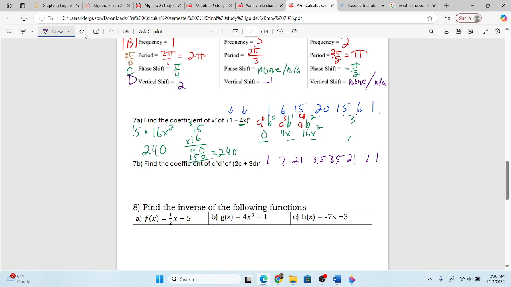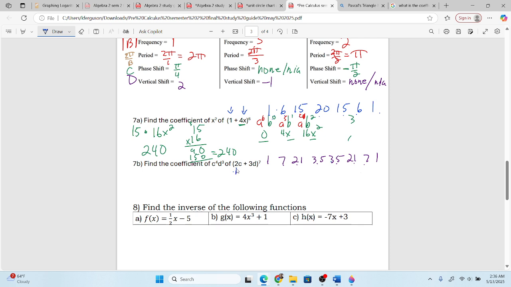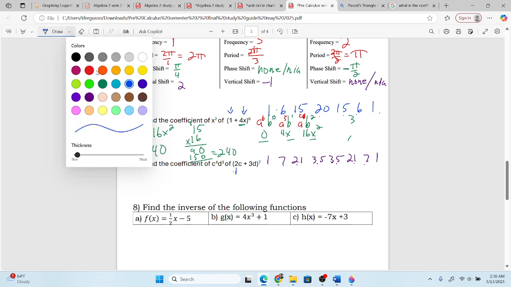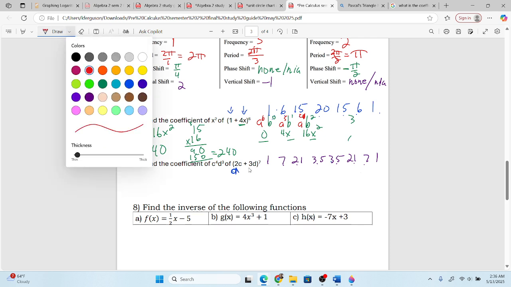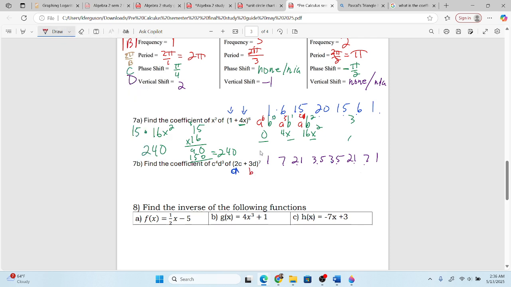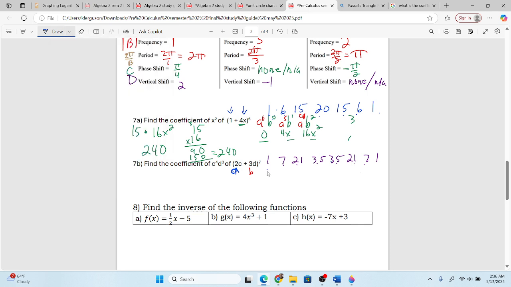So now this is term 1 or term A, and this is term B. I'm trying to get c to the 4th power. So right here is a to the 7th power.